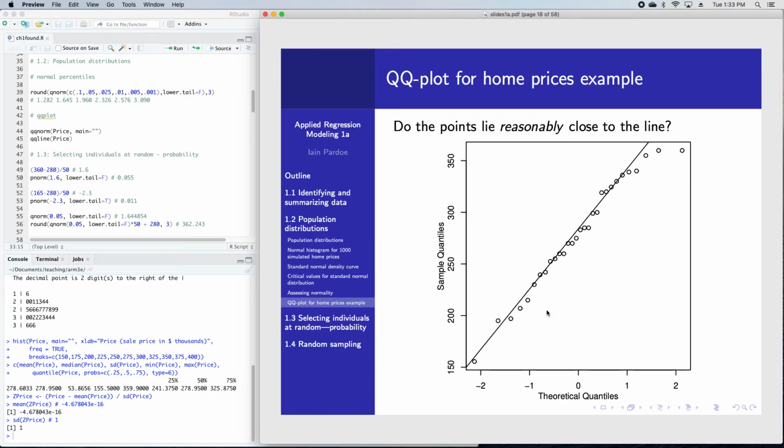So here's an example. Here's a QQ plot, or a normal probability plot, for the home prices example. We're asking ourselves, do these points on the plot lie reasonably close to the line? In this case, I would say, yeah, I think they do.